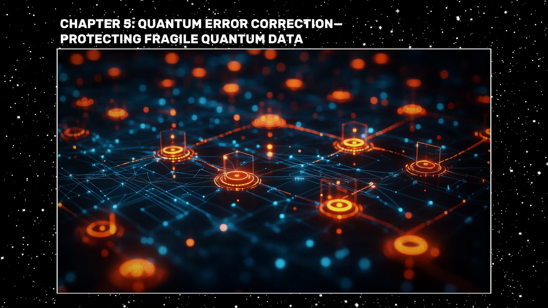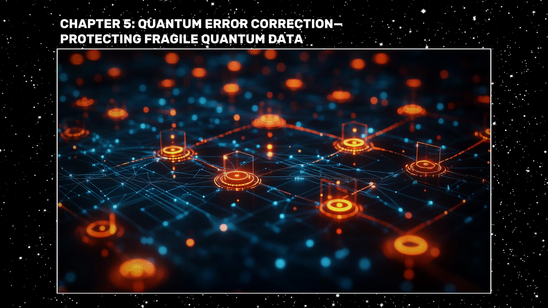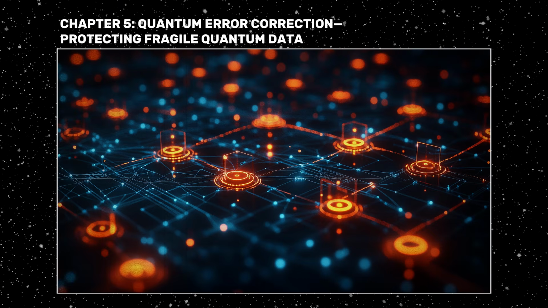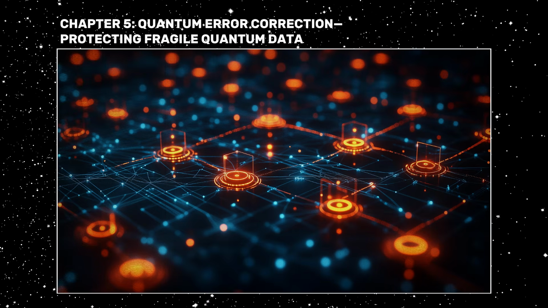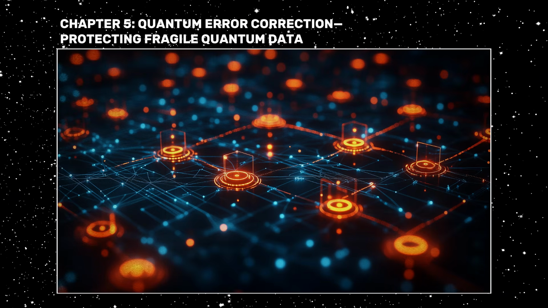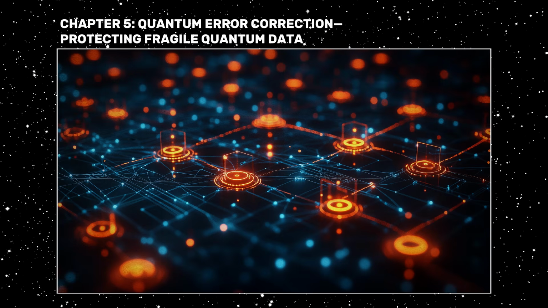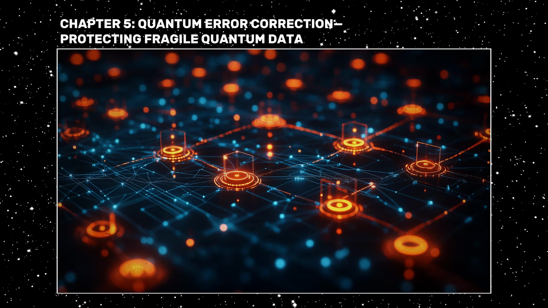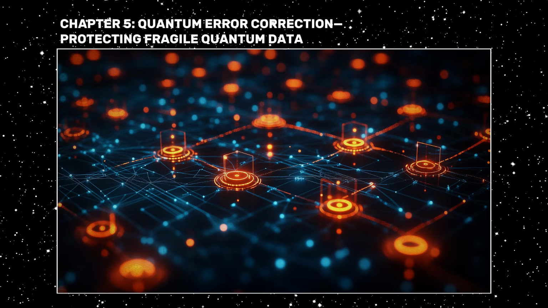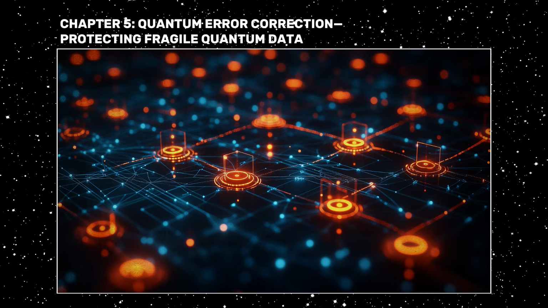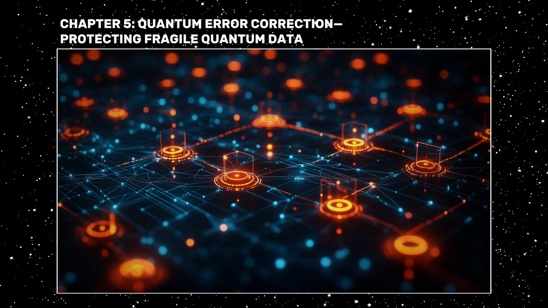Scaling up quantum error correction introduces significant challenges. Large-scale codes require thousands or millions of physical qubits to encode a meaningful number of logical qubits with sufficiently low error rates. Qubit connectivity, measurement fidelity, and classical processing speed all become central concerns.